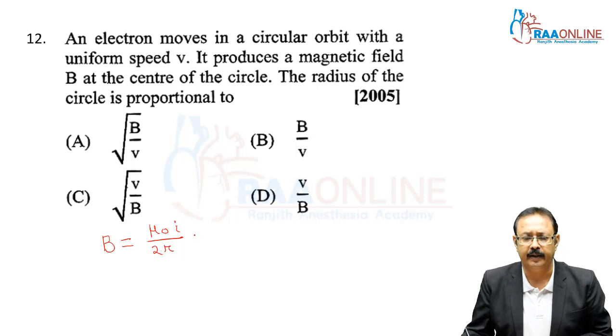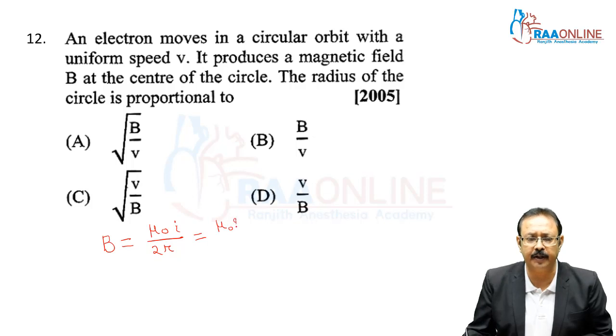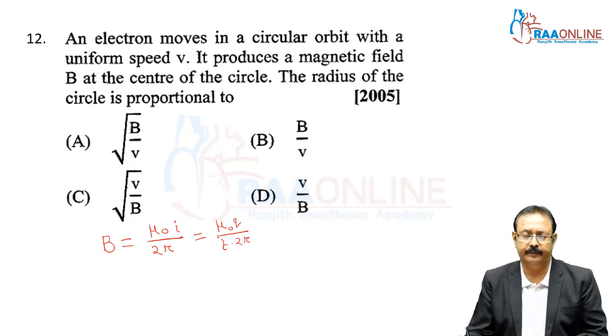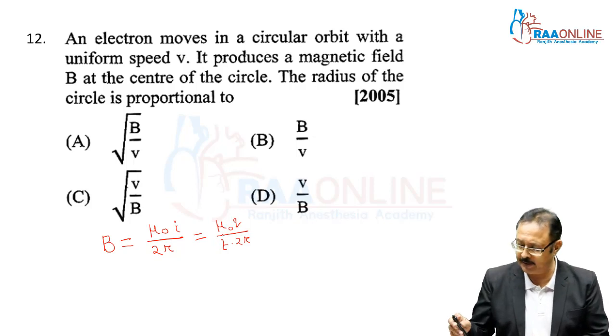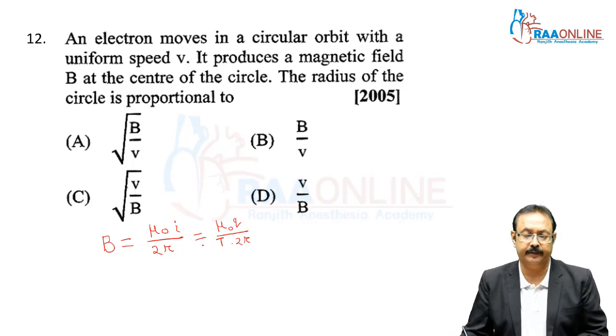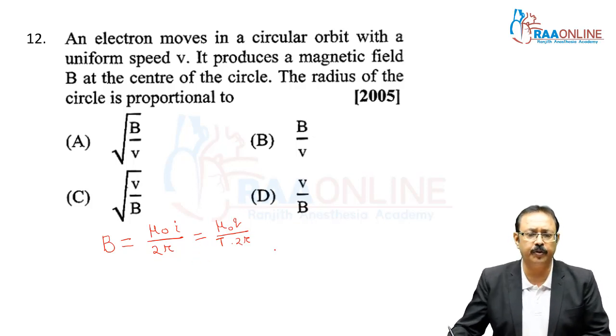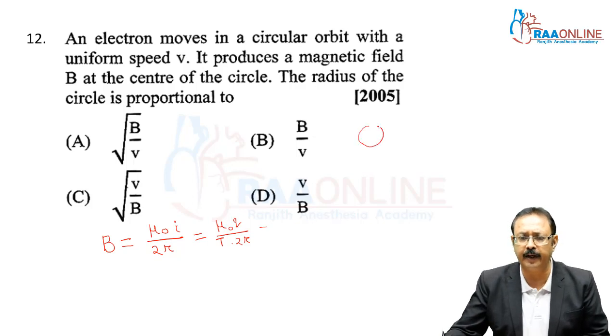But what is i? i is q by T. So if charge is q, it is q by T into 2R. Suppose time period I am writing here T. If a particle is moving in a circle, in one time period it will complete one cycle.